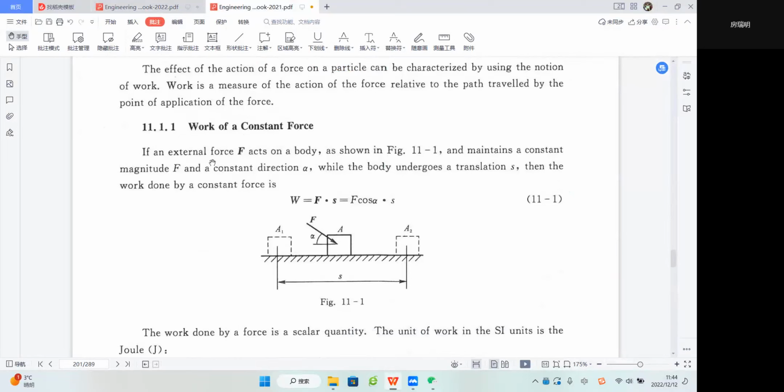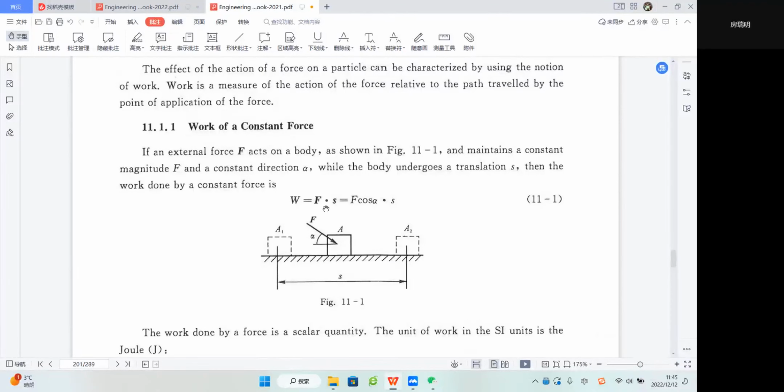So if an external force F acts on the body, as shown in this figure, and maintains a constant magnitude F and a constant direction alpha, let's say the action line of F intersects the horizontal line with angle alpha, which means it never changes. The body moves S from position A1 to position A2.